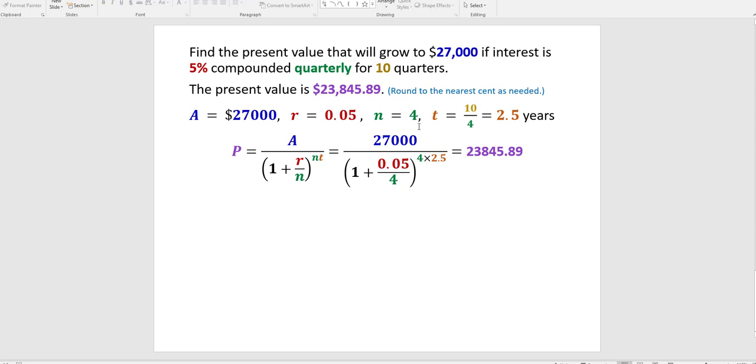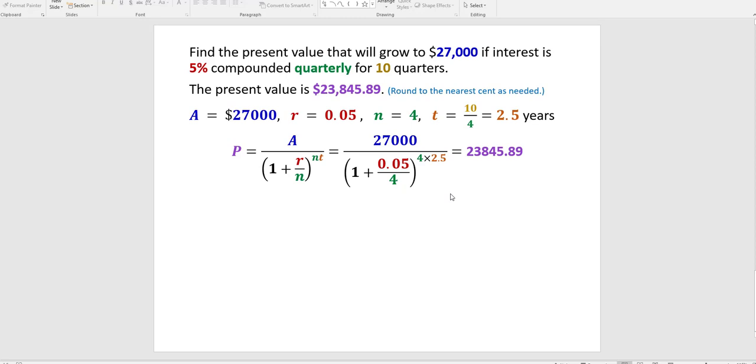With the time of 10 quarters, we need to divide 10 quarters by 4 quarters per year to get T equal to 2.5 years. This is because interest rates and time must match. And unless otherwise stated, interest rates are always in years. Therefore, if time is not in years, we must convert it into years.